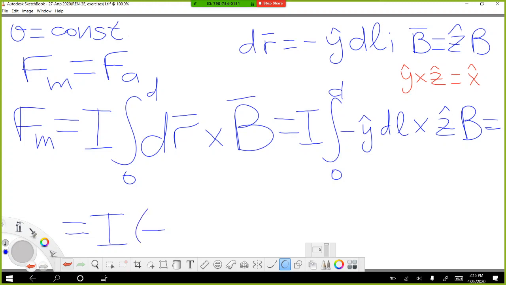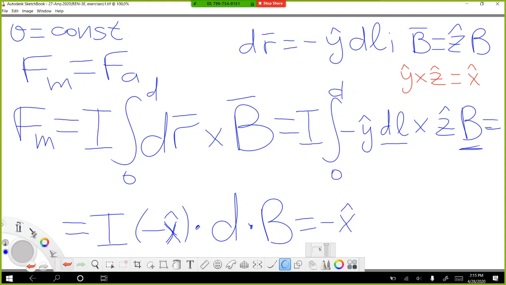I multiplied by minus x multiplied by the integral from 0 up to d of dl, which gives us the length of the bar, which is d, and B is constant, multiplied by B. Or if we reorganize it, it will be minus x, which is a unit vector, I d B.